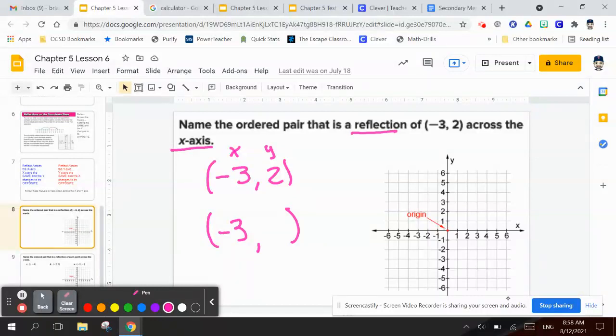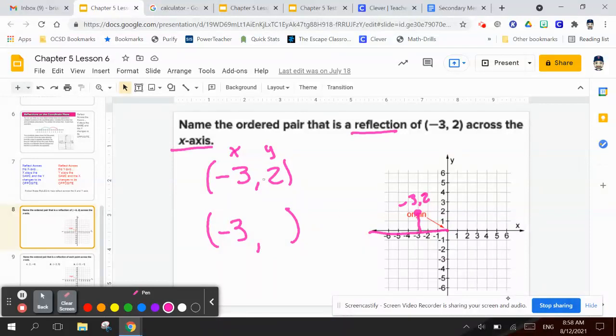So like I said, here is -3, 2. We want to find the opposite of that across the x-axis. So it's got to be down here somewhere. When we go down across this line, the y changes.